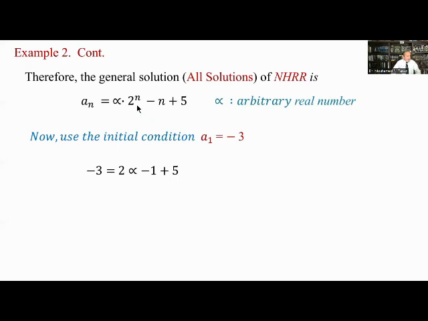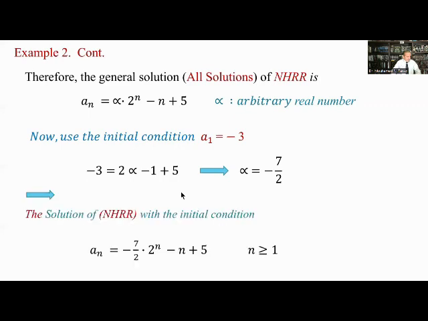So when n is 1, -3, you put 1 here, you get 2 alpha - 1 + 5. You get alpha equal to -7/2. And then the solution with the initial condition is this here.